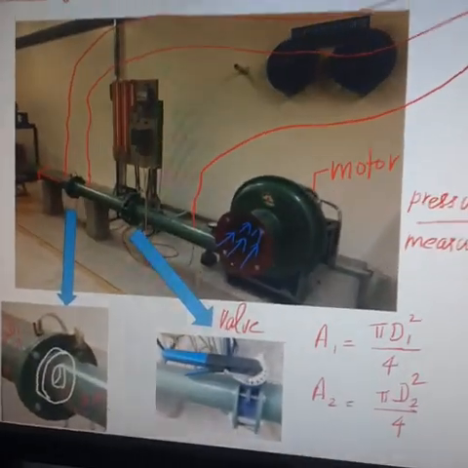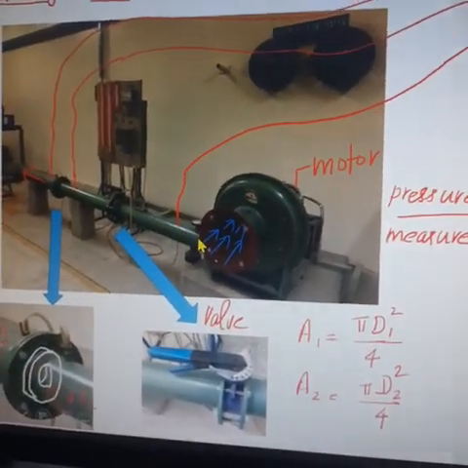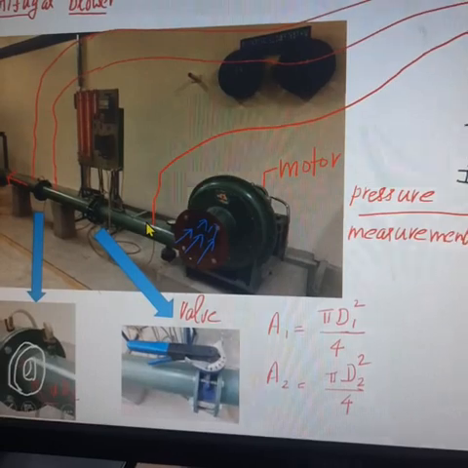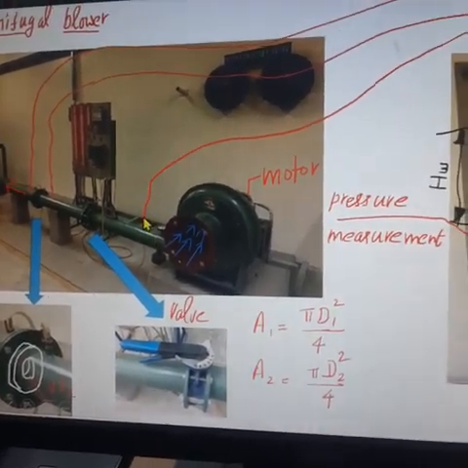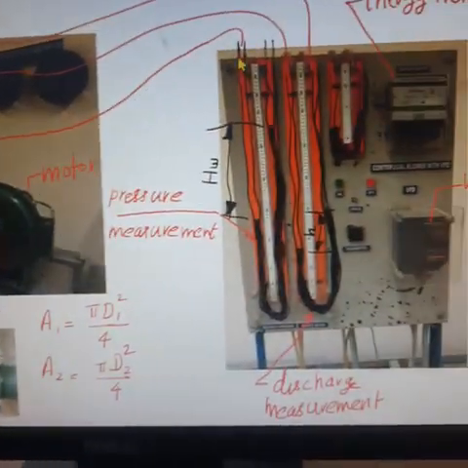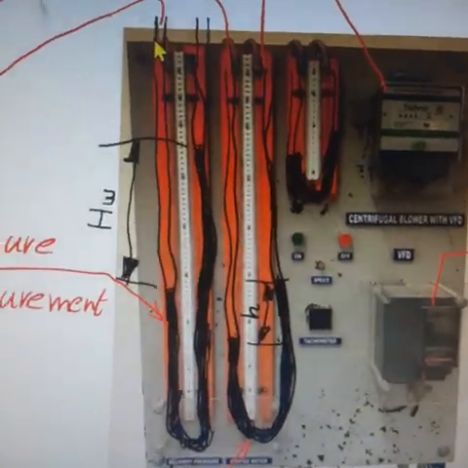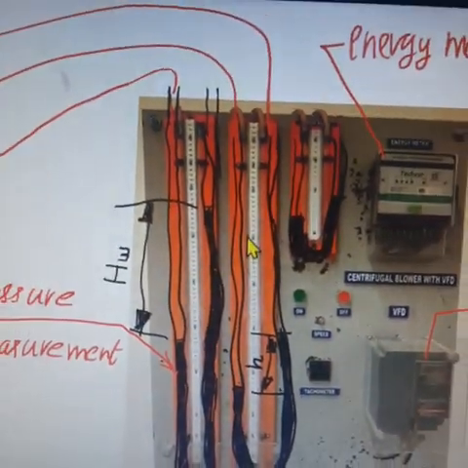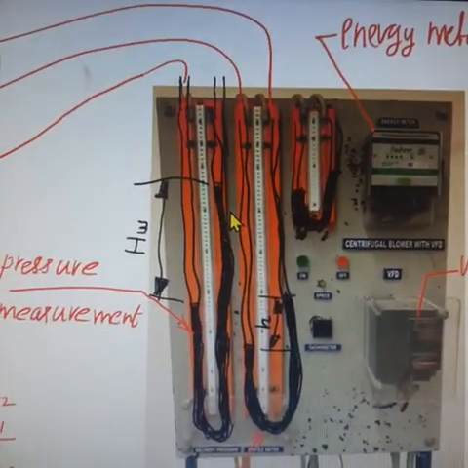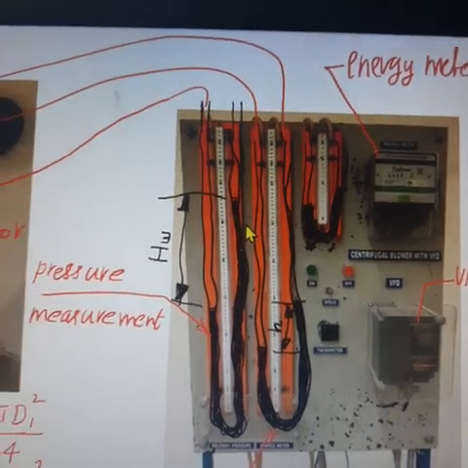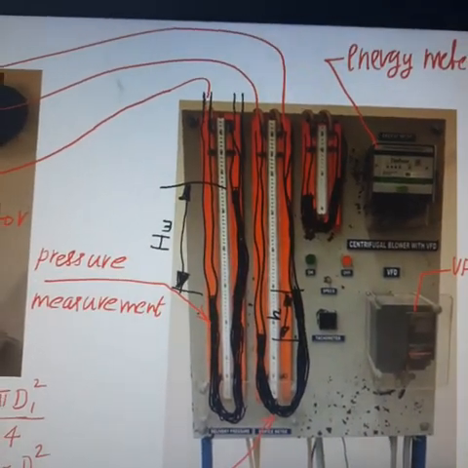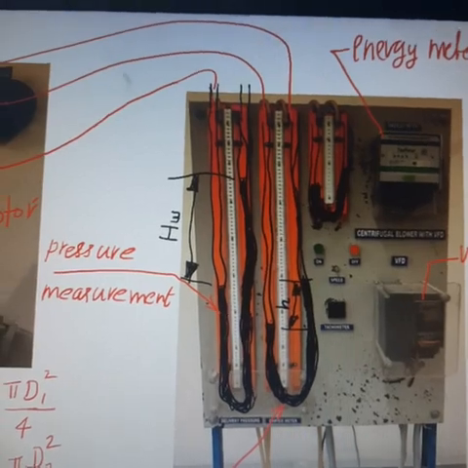To find the pressure of air flowing through the pipeline, a pressure tapping is fitted, and this pressure tapping is connected with a U-tube manometer. This is the U-tube manometer used to measure the pressure rise due to the action of the blower.